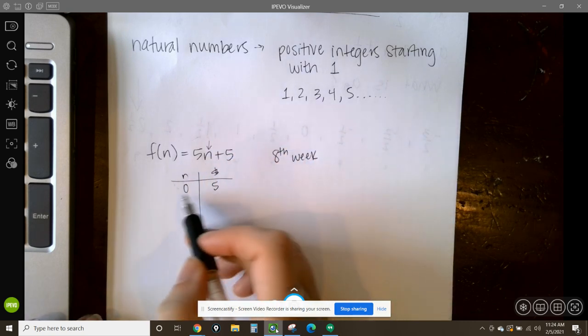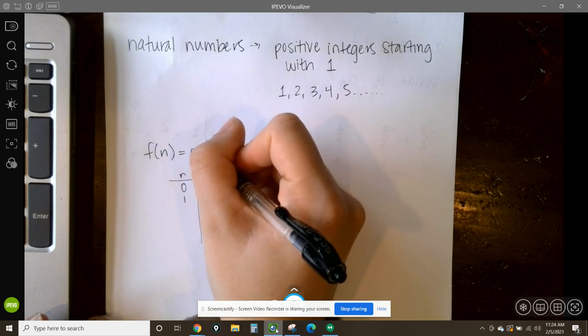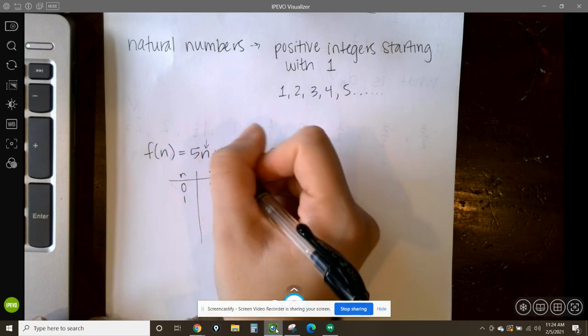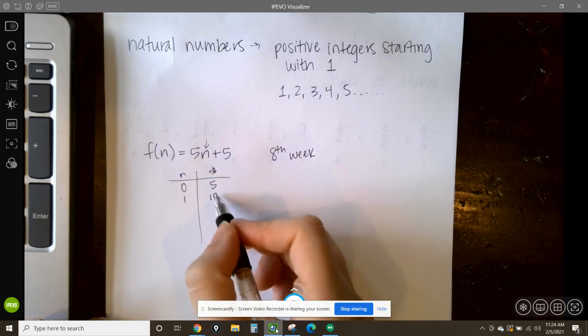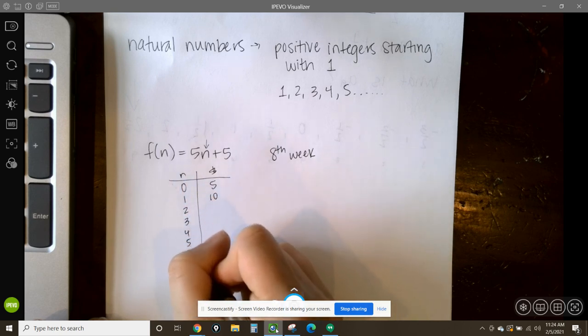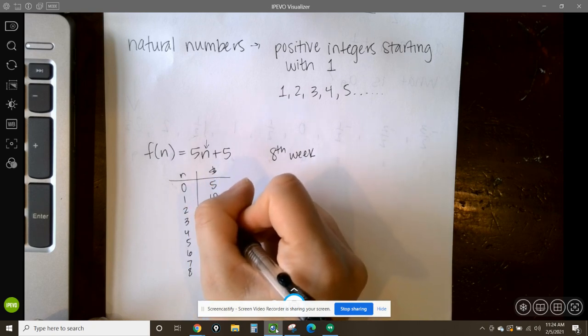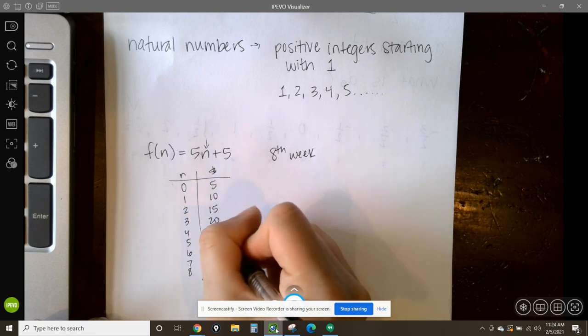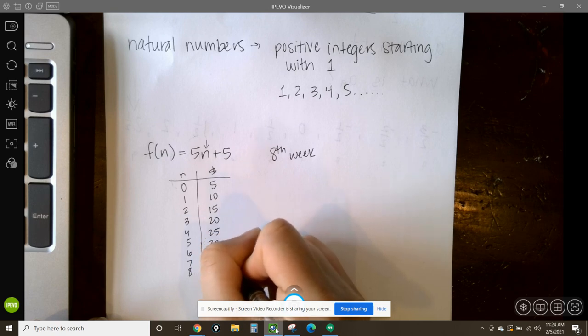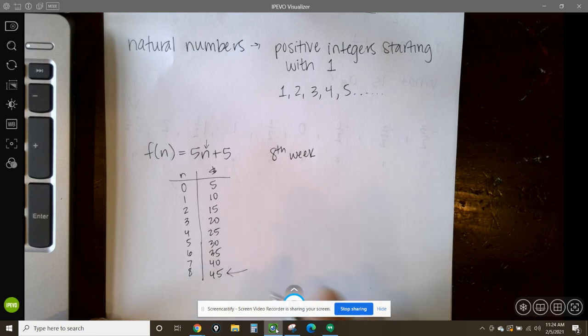So before she even started, she had $5. Then on week 1, if I plug in 1, 5 times 1 is 5, plus 5 is 10. So the next week she had 10. We can continue this pattern all the way to the 8th week. I would have $5 more every week. I'm just adding $5. So on the 8th week, I have $45.